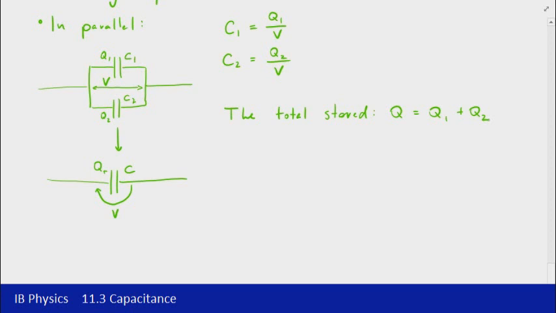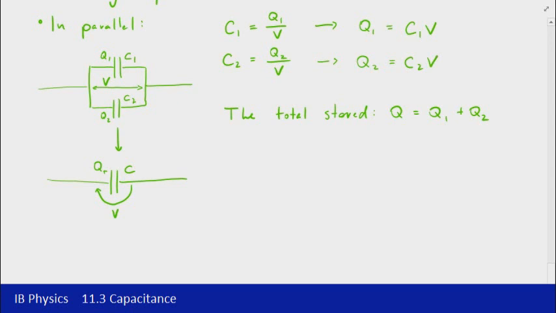It makes sense that if we replace them by a single capacitor, the amount of charge that we built up on these two capacitors individually would have to add together. Now if we take that expression for C1 and rearrange it, we get that Q1 is equal to C1 V, and likewise Q2 is equal to C2 multiplied by V.